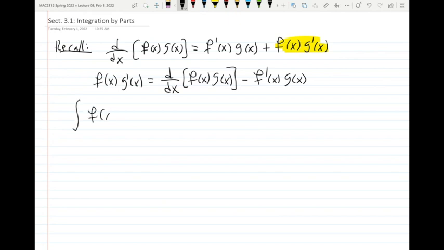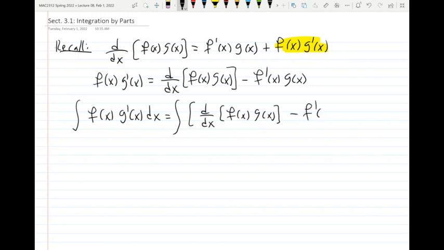So the integral of f of x g prime of x dx is going to be equal to the integral of this derivative minus f prime g.